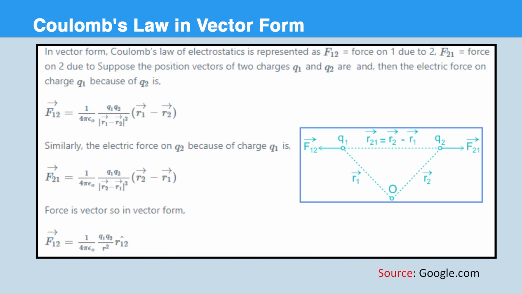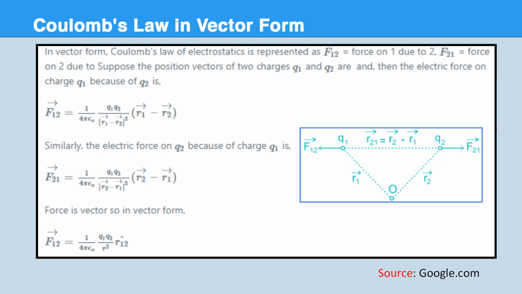Here the diagram shows two charges. Suppose we consider one charge is Q1 and the second one is Q2 at points A and B in vacuum. The distance between the two charges is small r. As the charges are alike, we know that they repel each other.